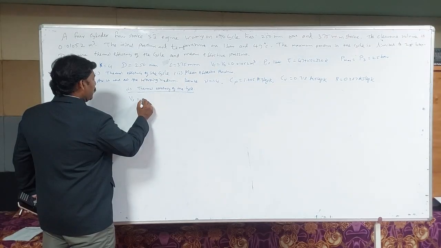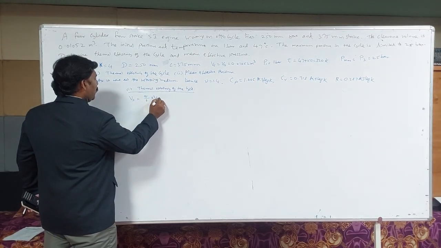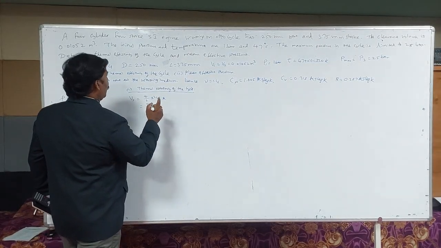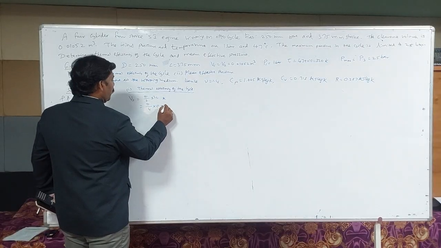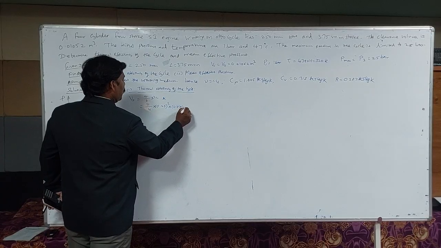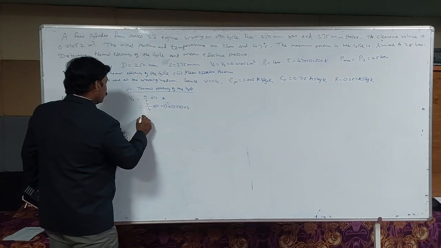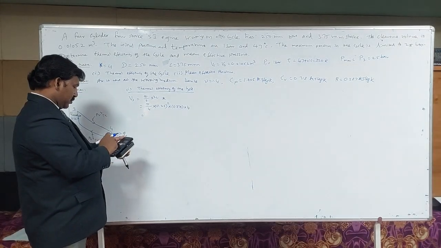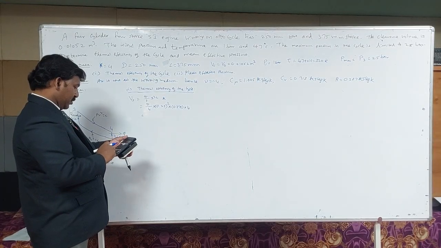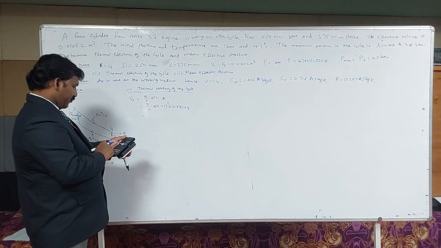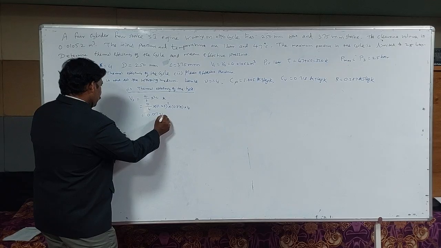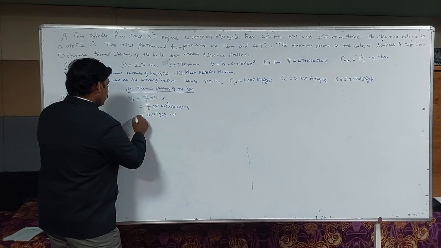It is equal to pi by 4 D square L into K. So pi by 4, D is the bore, which is 0.25, the whole square, and L is the stroke, which is 0.375, and number of cylinders is 4. So you will get pi divided by 4 into 0.25 square into 0.375 into 4, which is 0.07363 meter cube. This is Vs.